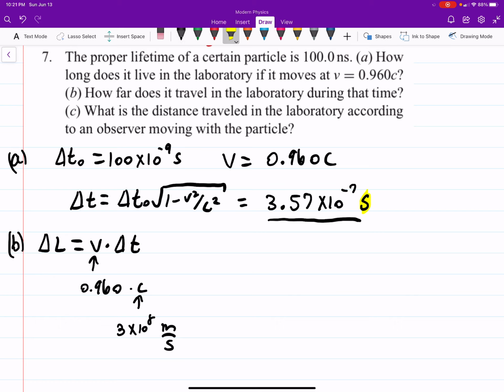So don't use nanoseconds in this case. We want this to have units of seconds, which it already does, but just in case you didn't convert in the beginning. And if you plug that in, you should get 102.816 meters.